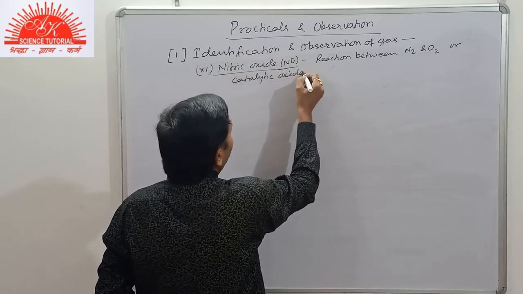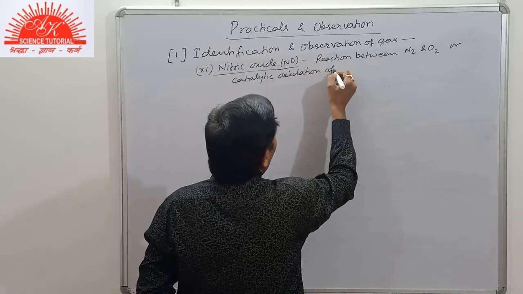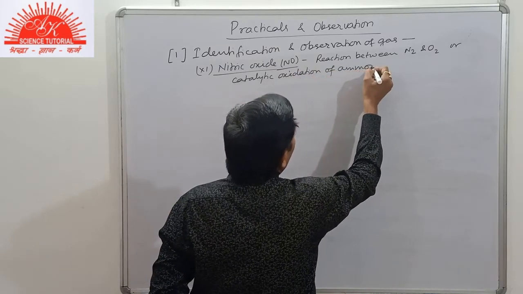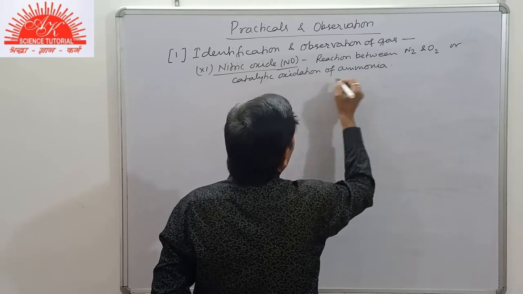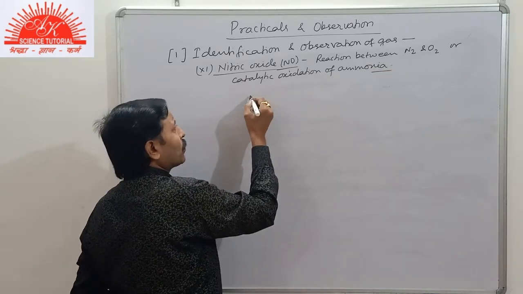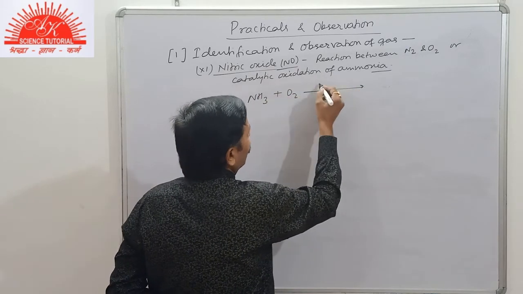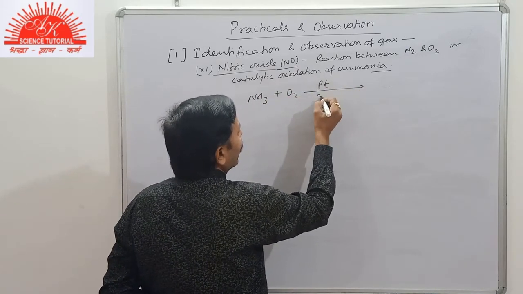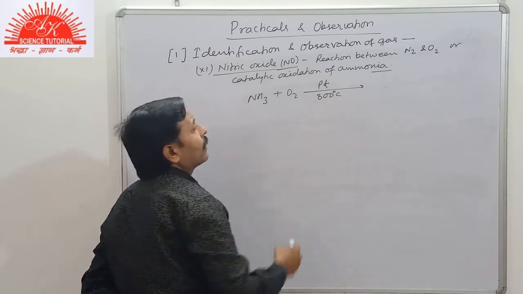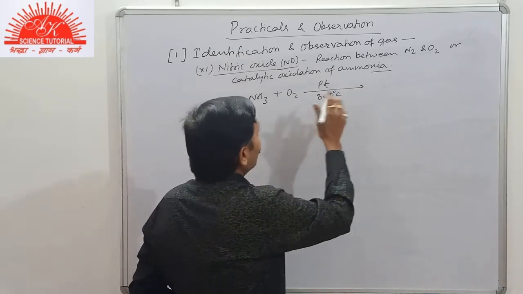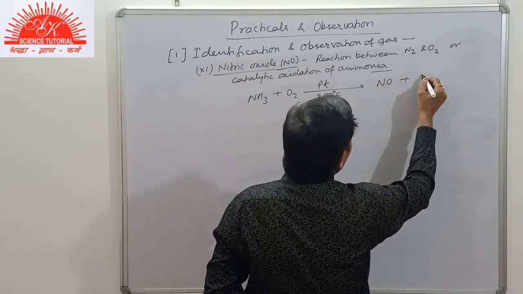Catalytic oxidation of ammonia. This is the reaction which we actually use in the laboratory. Like you see, ammonia and oxygen. We use the platinum catalyst at 800 degree Celsius temperature. It gives NO plus H2O.